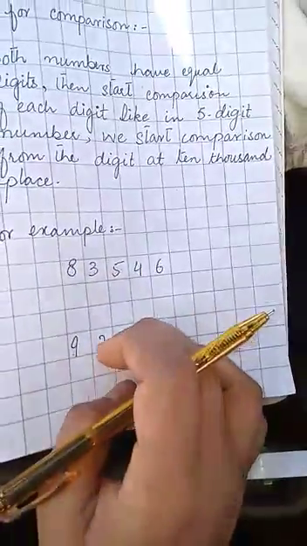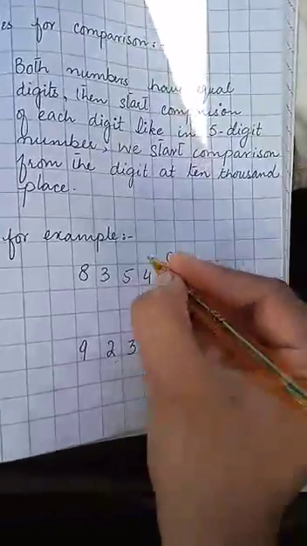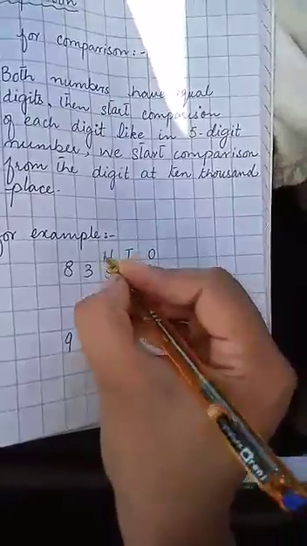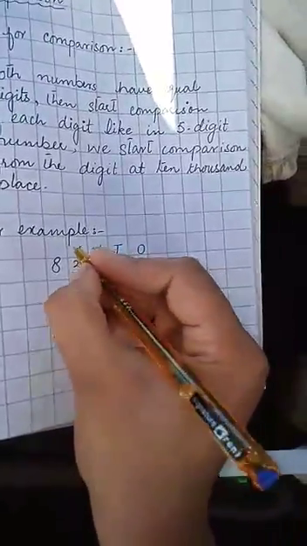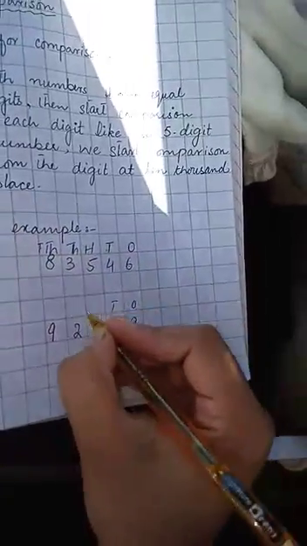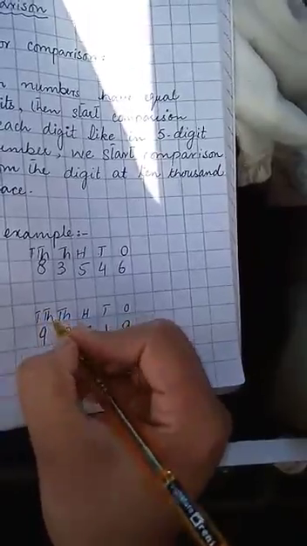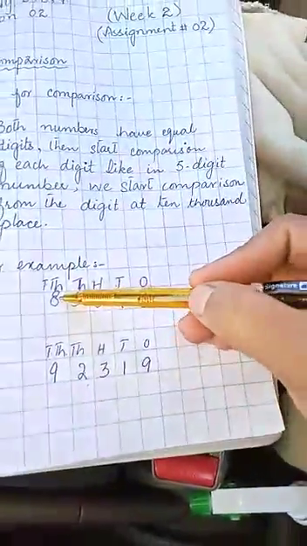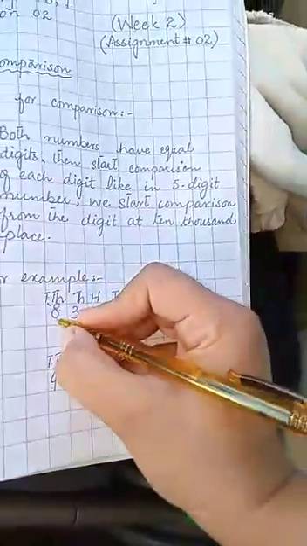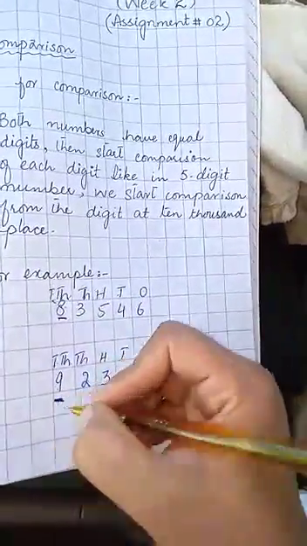As they have equal digits, the second step which we have to follow is that we have to mention its place values. Ones, tens, hundreds, thousands and 10,000. Now let's start comparison from the first place value, which is 10,000. In this number, the 10,000 digit is 8, and in this number the 10,000 digit is 9.